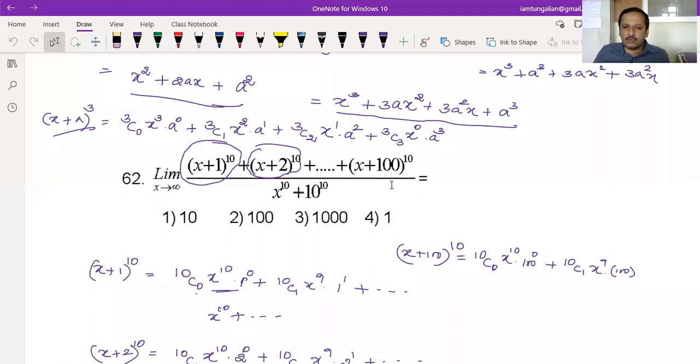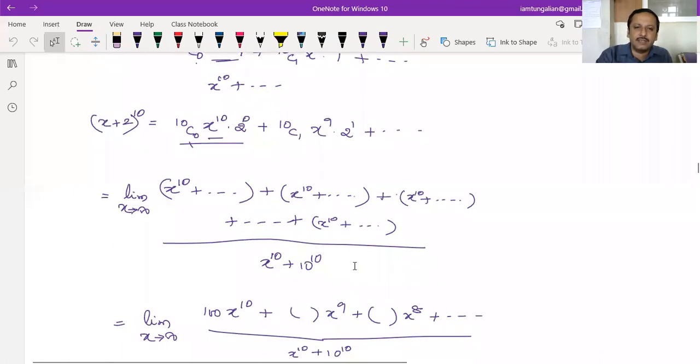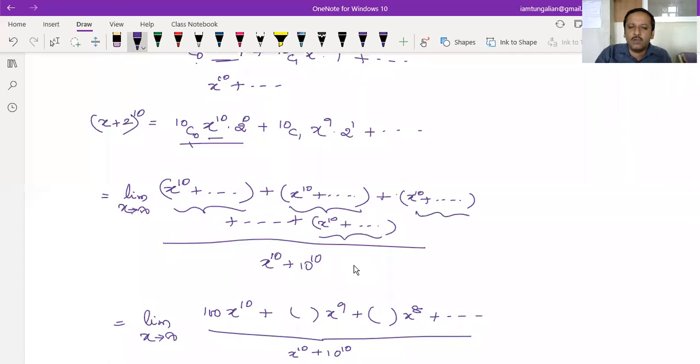each of these is a polynomial of degree 10, and the coefficient of x power 10 in each of these terms is 1. So 1 plus 1 plus 1, 100 times here. From this expansion, you'll get x power 10 once, here once, here once. So add all those: x power 10 plus x power 10 plus x power 10, 100 times will give you 100 x power 10 plus some more terms, which we are not interested in.